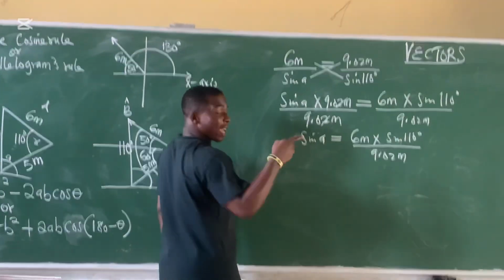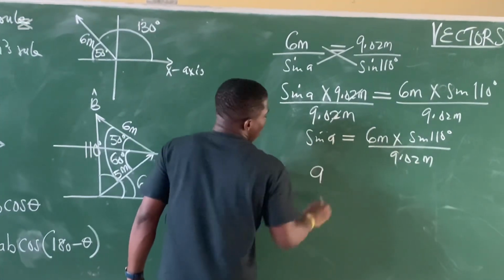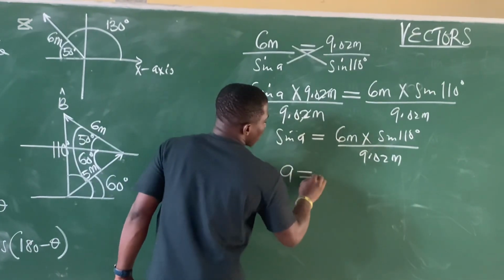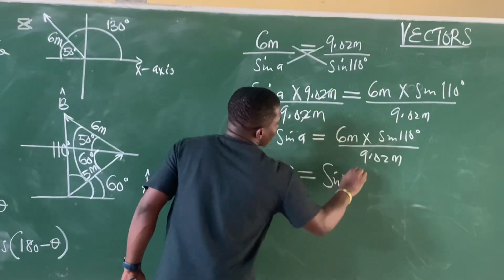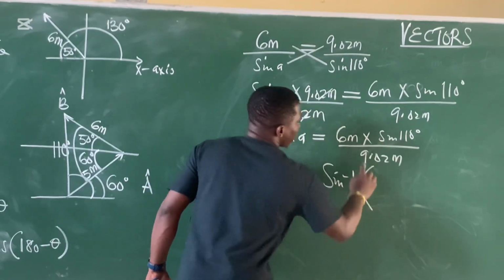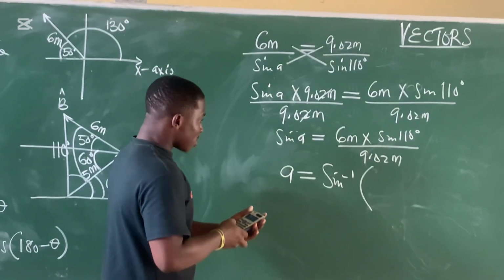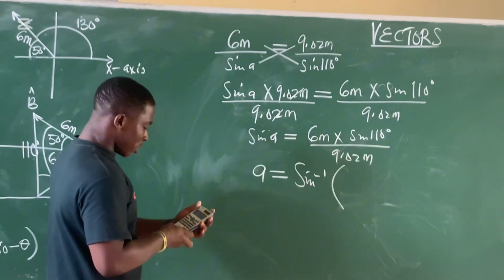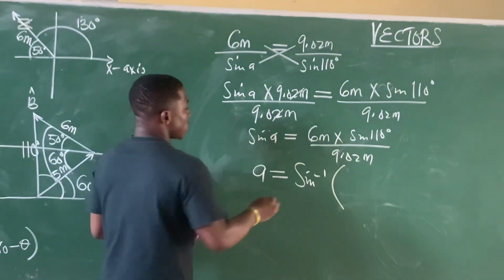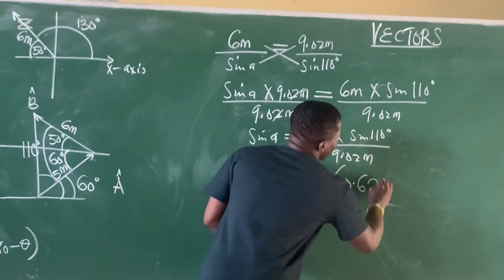So to get A, I'm looking for A, which is the angle. When you divide both sides by sine, we'll have what's known as sine inverse of 6 times sine of 110 all over 9.02. I'll be left with 0.625.